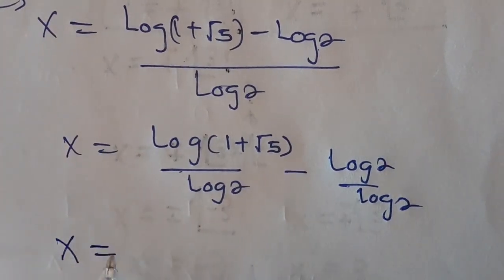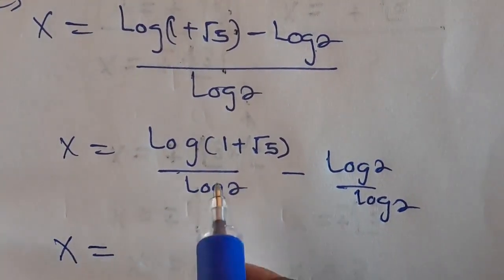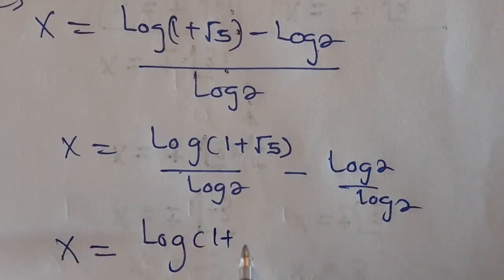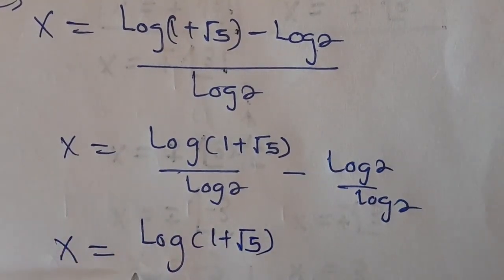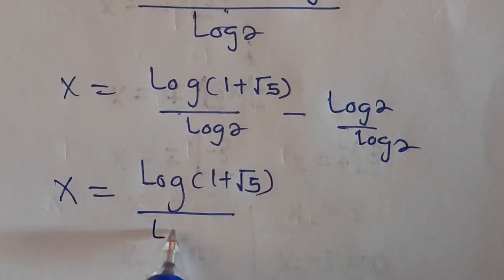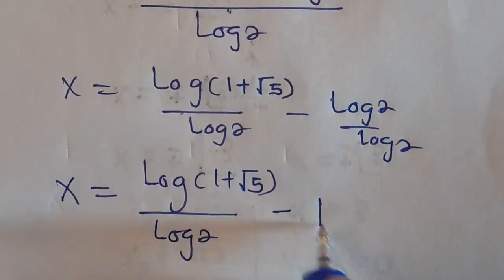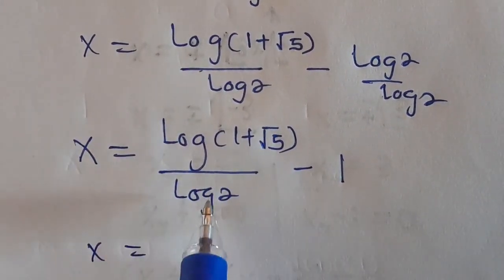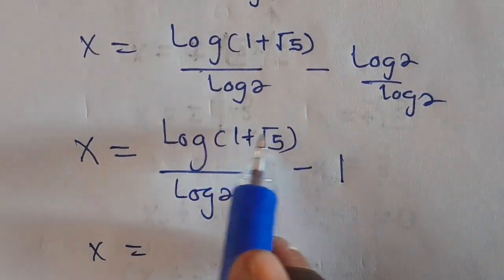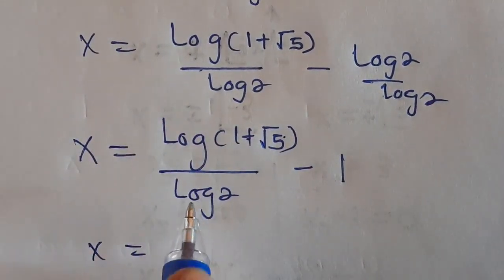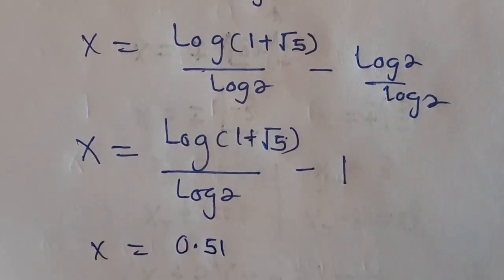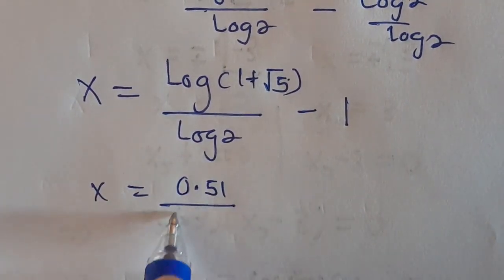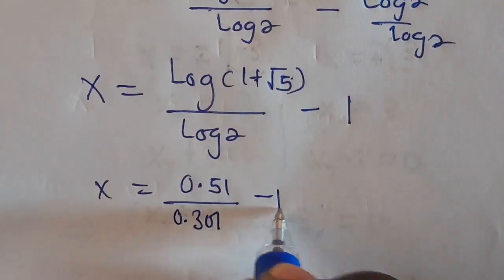So from here we have log of (1 plus root 5) divided by log 2, minus 1. And so therefore, when you press this, 1 plus root 5 log of it, we are going to have the answer to be 0.51 divided by, when you press log 2, 0.301, minus 1.